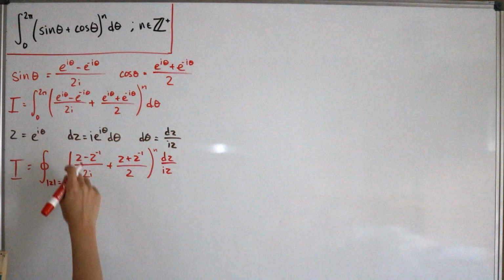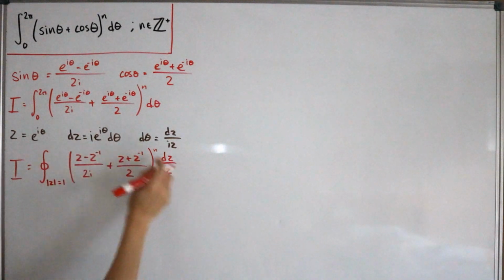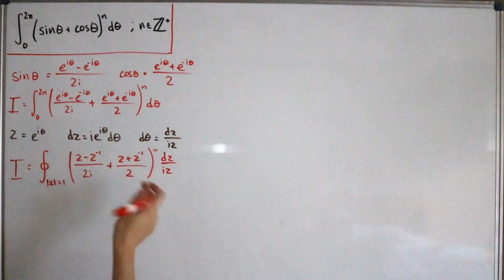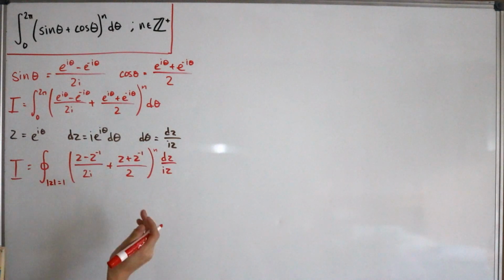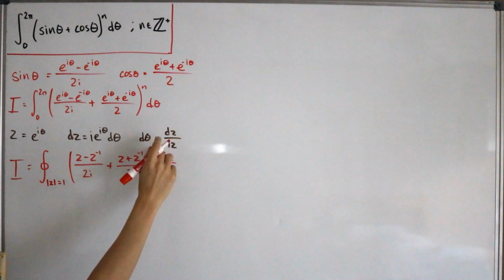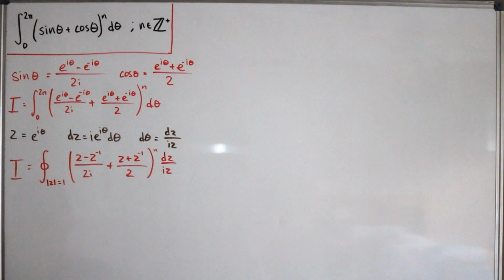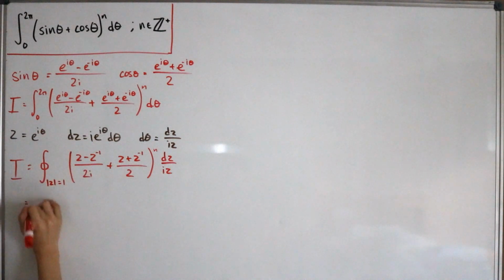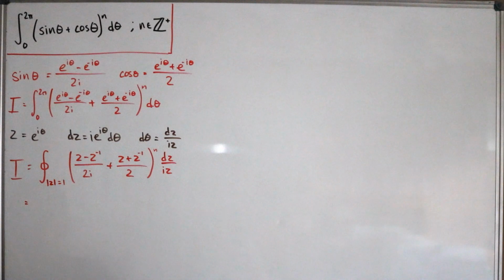I'll factor that i out, and we can also factor and group in terms of both the z and the z inverse factors. By distributing the exponent n to both the top and bottom, we can factor some stuff out of our integral. If I'm going too fast, you can see for yourself by taking things one step at a time.